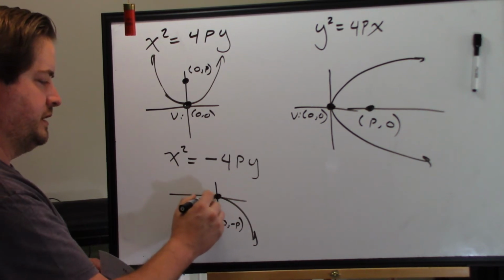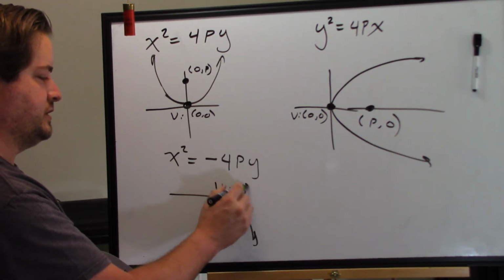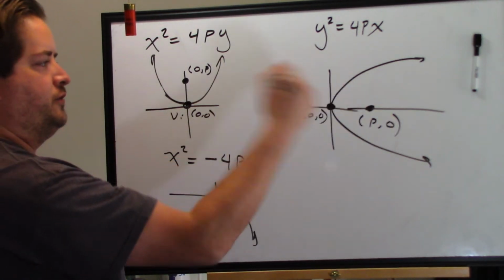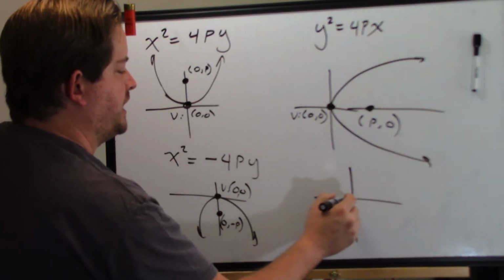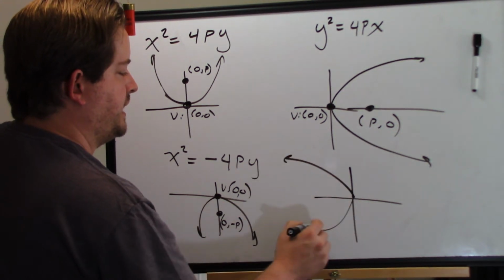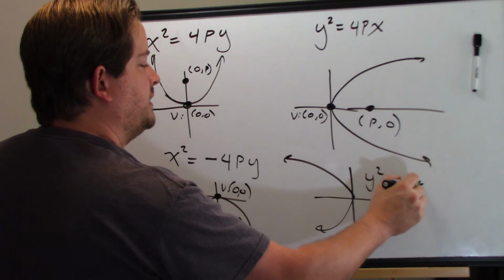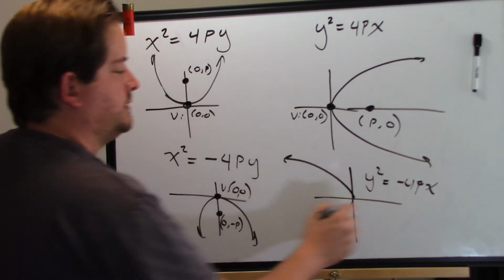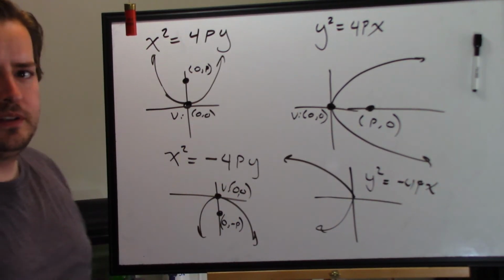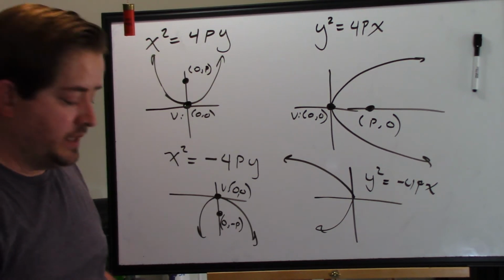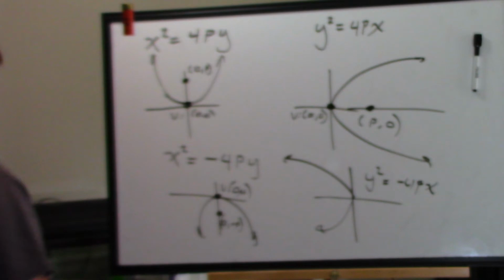And then of course, vertex at 0, 0 again. The other one, I can flip that to the right, and again that's just a negative that does that. This would be y squared equals negative 4px. So these are our parabolas. This is what we're going to be dealing with in this section. So let's take a look at question number 2.